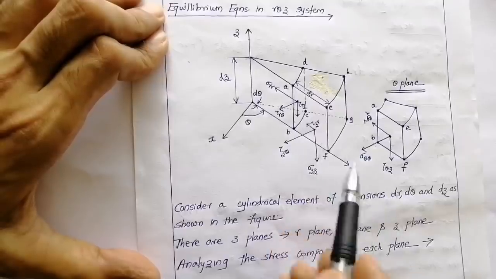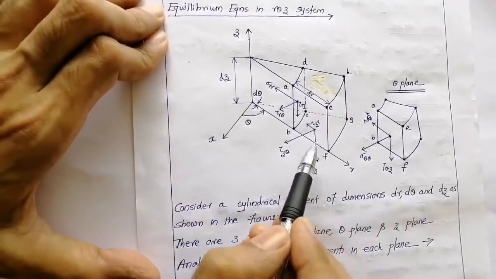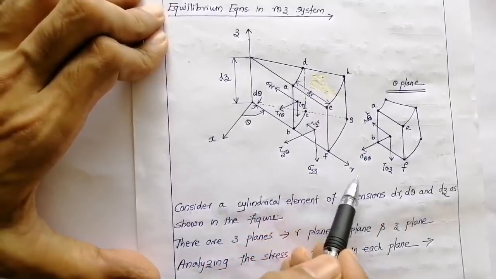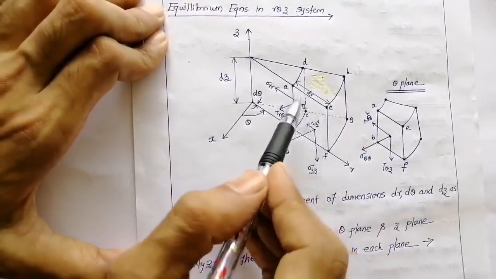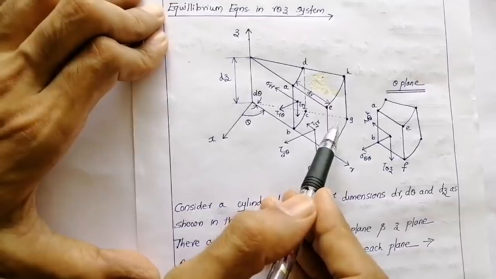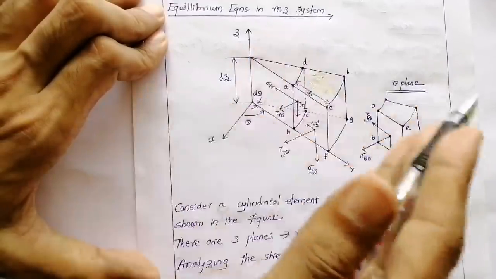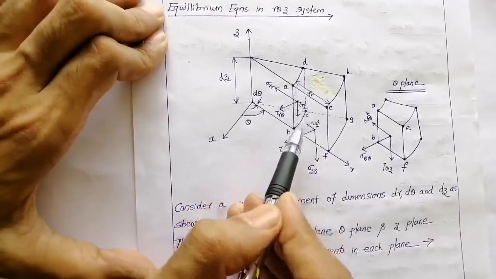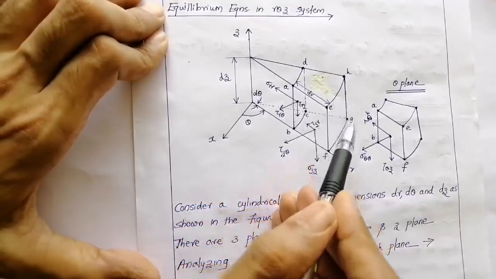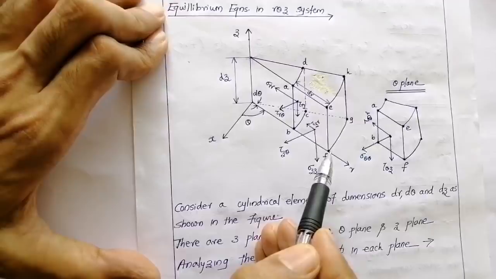Now, what is the R plane? R plane is the plane to which the R axis is perpendicular. You can see the R axis is perpendicular to two planes. This is the first plane and this is the second plane. So, we have two R planes. Now, what about the z planes?